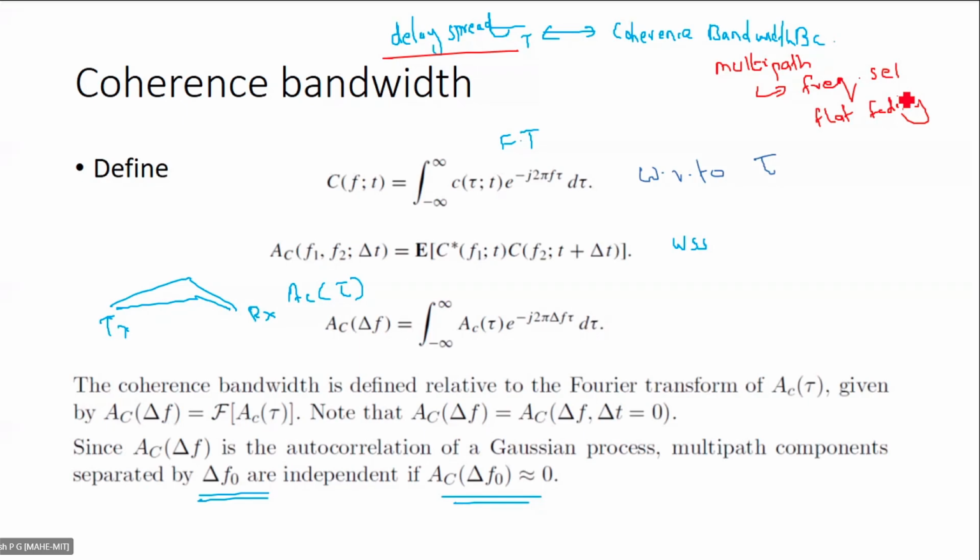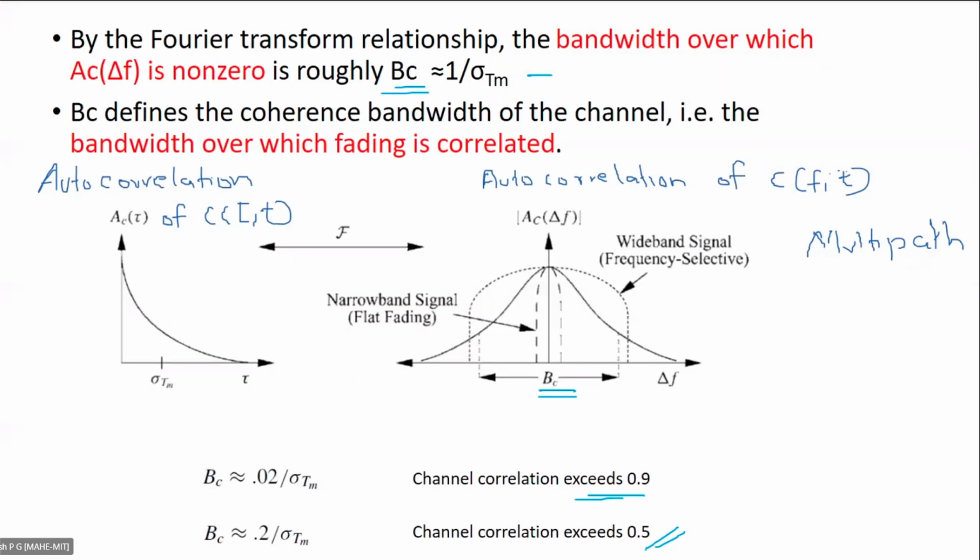We can say this in terms of delay spread, and similarly in terms of coherence bandwidth. So this is the rough relationship. If you see this equation, BC, that is coherence bandwidth, is roughly equal to 1 by delay spread.